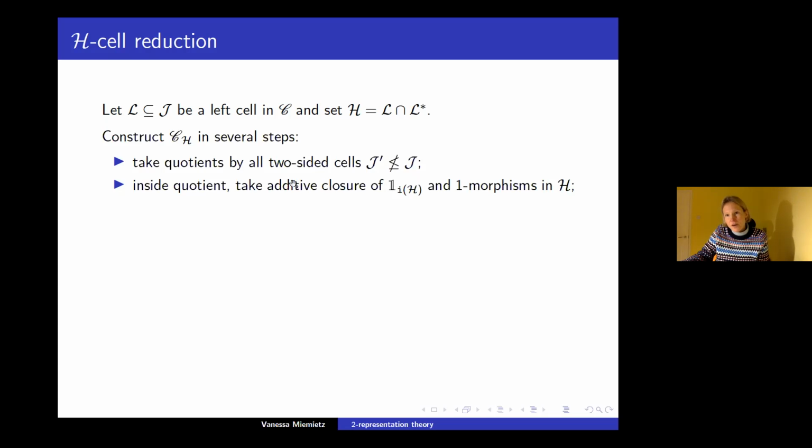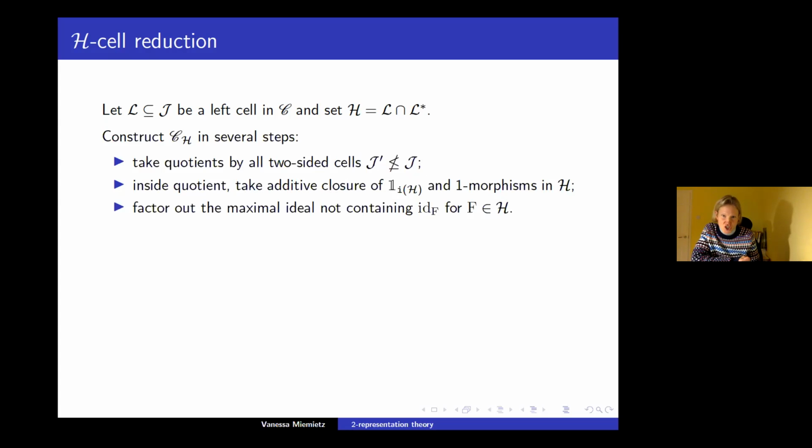By the cell combinatorics and the fact that, by quotienting out, we've forced our J to be maximal, this is actually closed under horizontal composition, and so this is now a 2-category. Then we find the maximal ideal that doesn't contain the identity on these 1-morphisms.